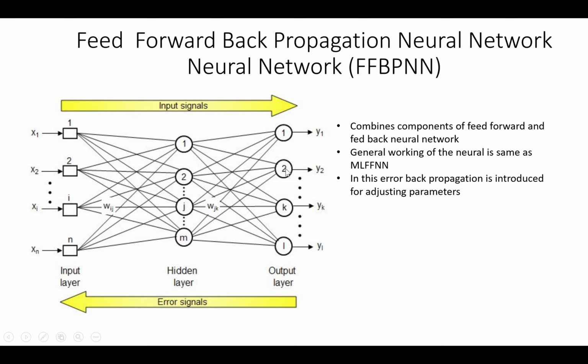What the FFBP neural network does is check the neural network itself based upon various parameters which we have given, like the number of fails, the number of runs it should take, and the slope between the observed data and the prediction which the neural network has made, and based on that it calculates the errors.